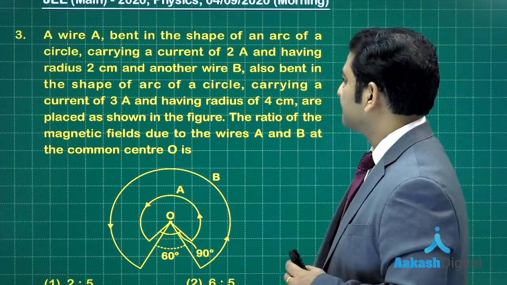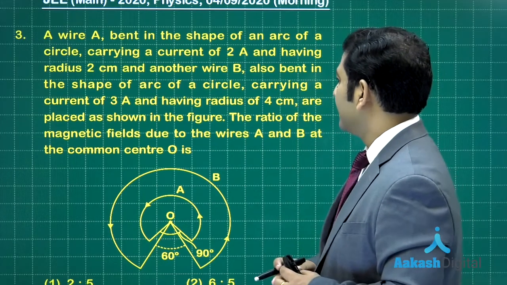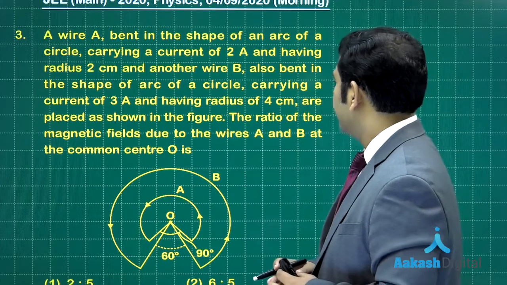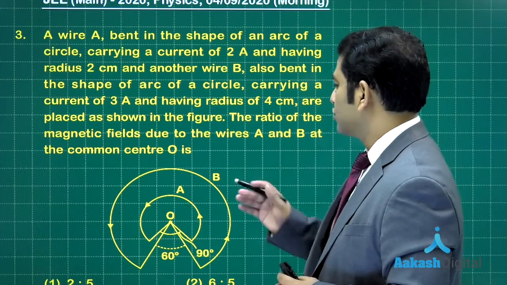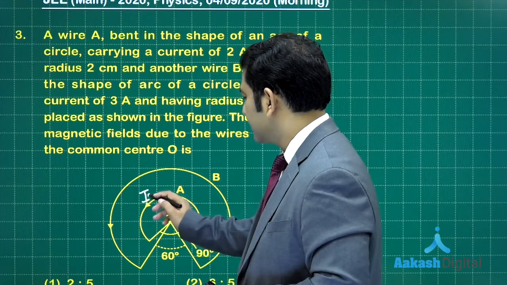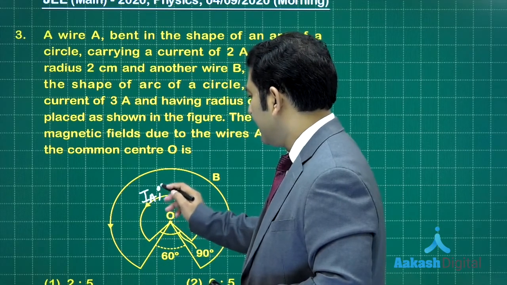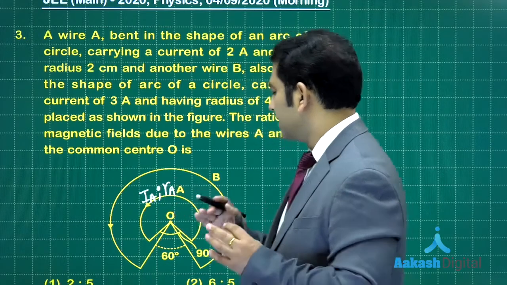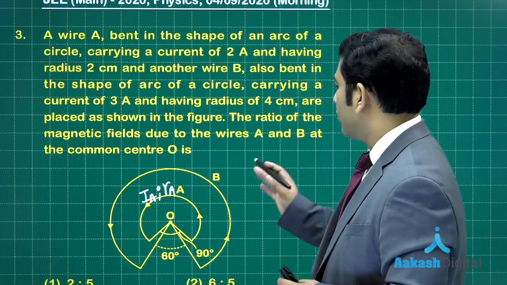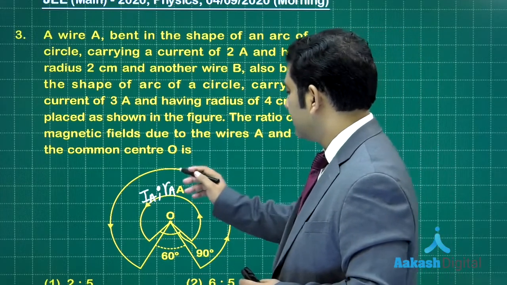Okay, after that, let's see what are the parameters given. Wire A has a current 2 ampere and radius 2 centimeter. So what I'll do is that, let me just write it in terms of variable, IA and RA. Those are the parameters. And let's see, there is another wire B having current a different value.